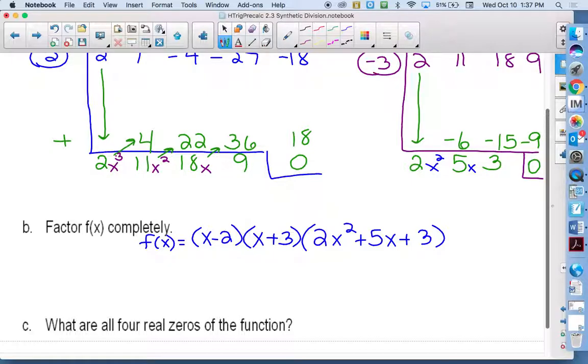And the goal is to factor this completely, meaning if the power is 4, can we get the 4 zeros? And we have 2 of them that we've shown are zeros by getting a remainder of 0. So just a little refresher with factoring. A times c is 6. We want to add to be 5. Well, 2 and 3 add to be 5, multiply to be 6. The AC grouping says to take those values and rewrite our problem.